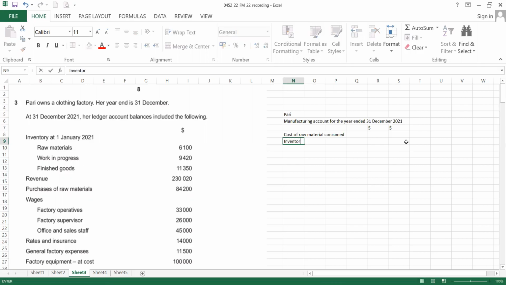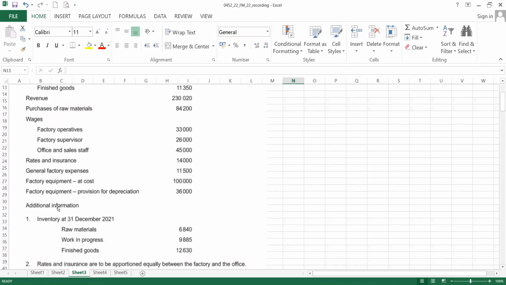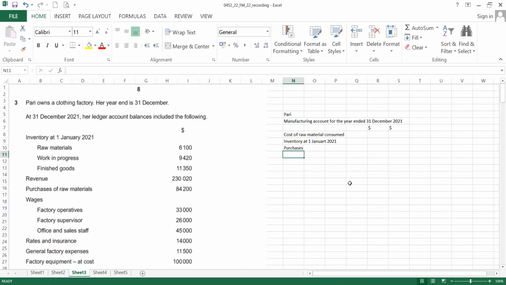Inventory at 1st January 2021, we have purchases, and then inventory at 31st December 2021.